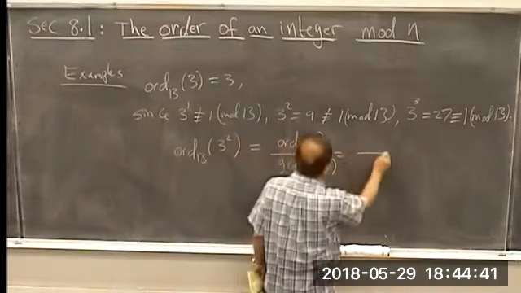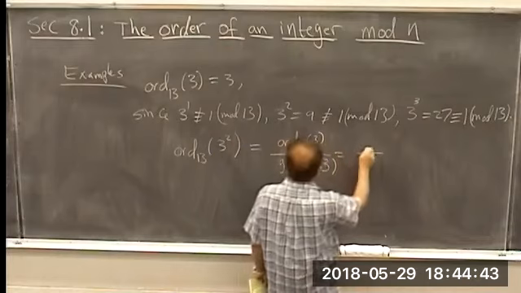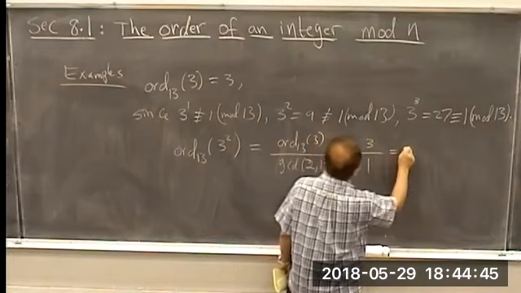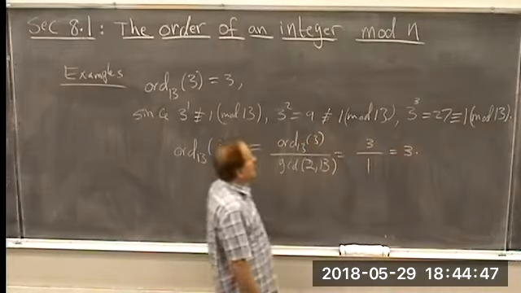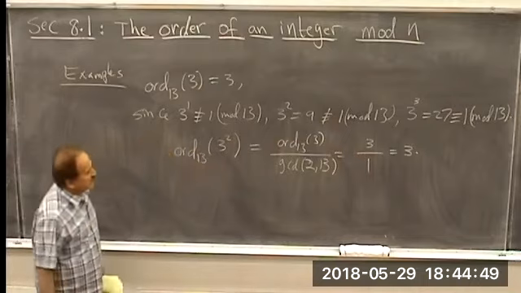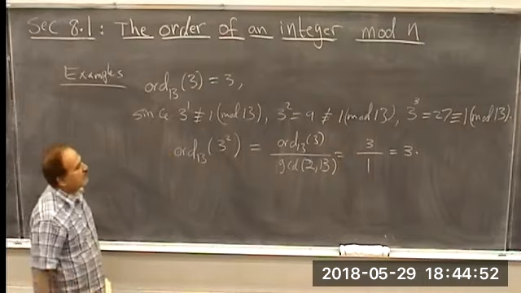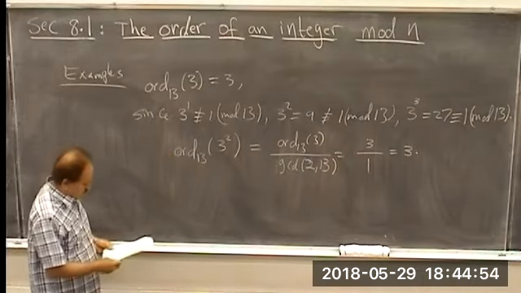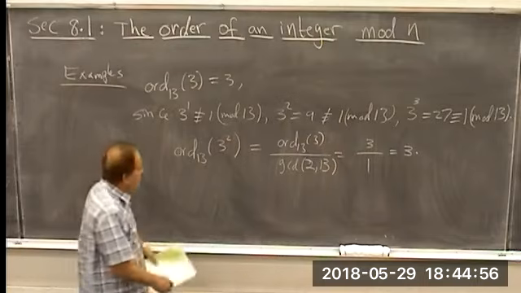The denominator is 1 and the order of this is 3, so this is equal to 3. So the order of 9 is equal to 3. All right? Let's look at another one.